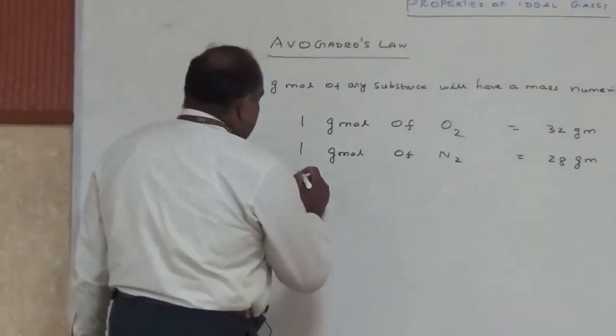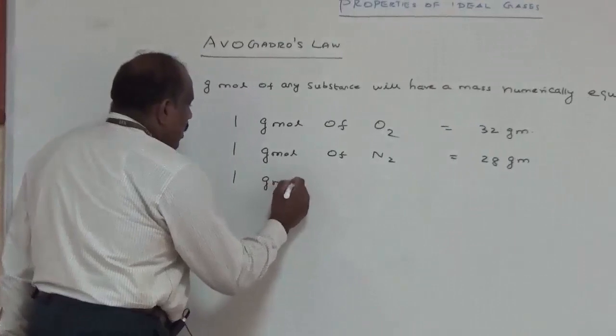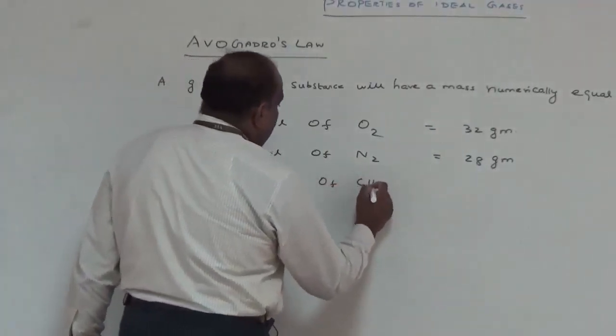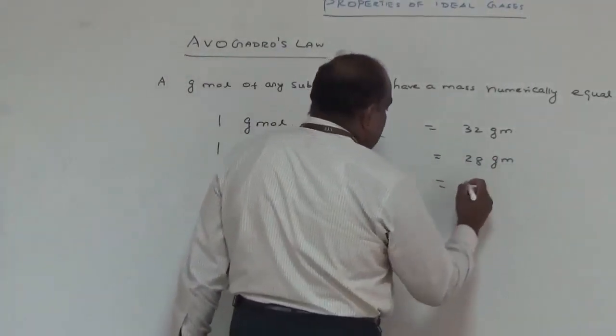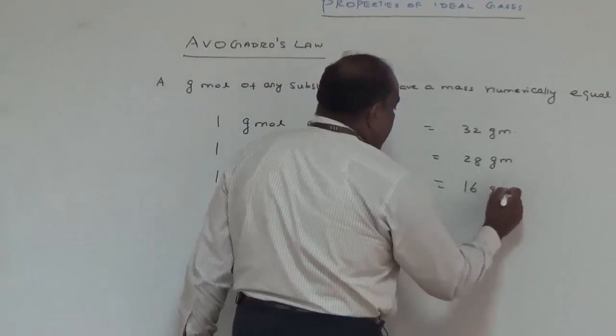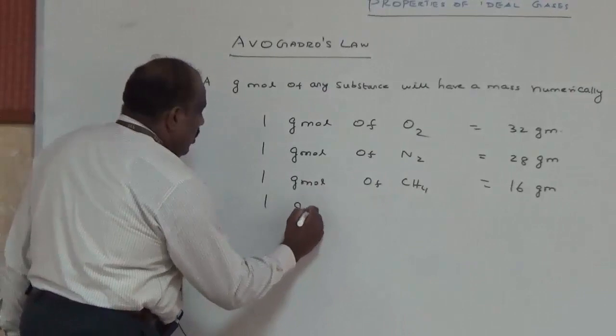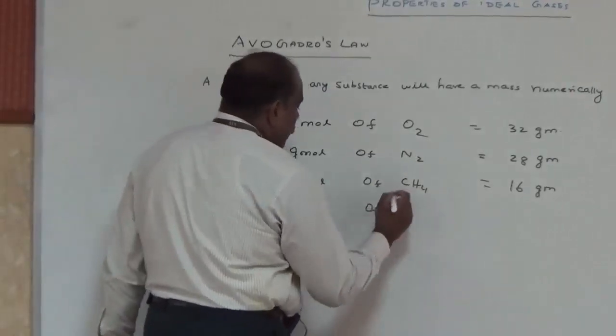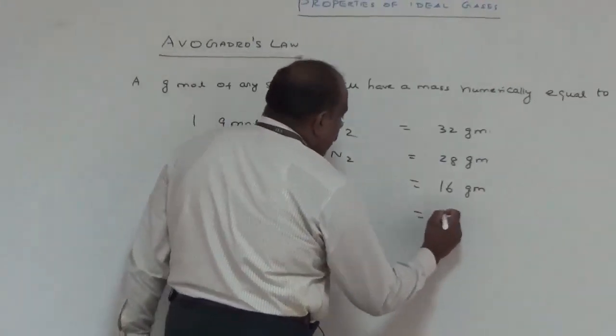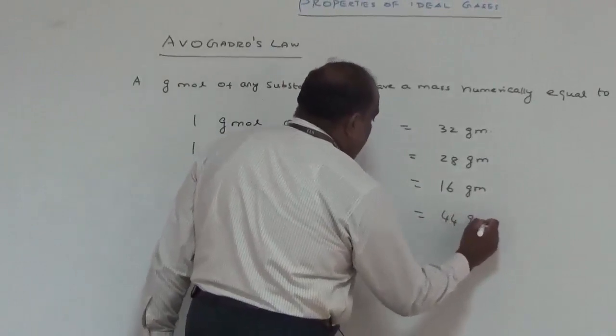Similarly, 1 gram mole of methane will have a mass of 16 gram. Just now we derived 16 gram. Similarly, 1 gram mole of carbon dioxide will have 44 grams of mass.